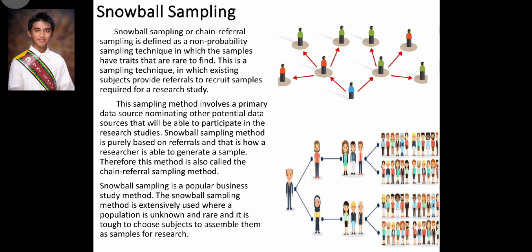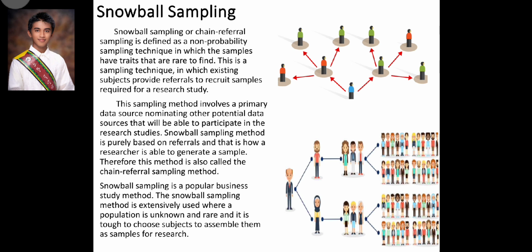Snowball sampling is also popular in businesses and organizations. In snowball sampling, you as the researcher pick or get some samples, then you ask those samples for help, to refer other people who can be part of your research or your sample.